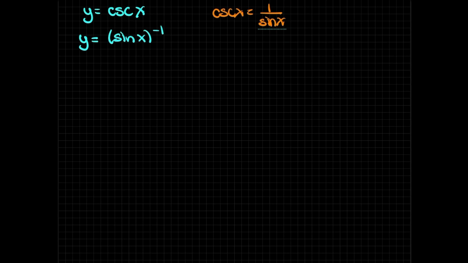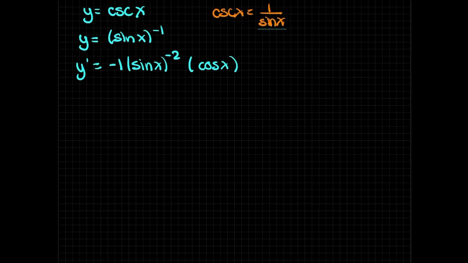Now we're going to take the derivative of that using the same chain rule as we did last time. The -1 comes down, inside stays the same, reduce the power by 1, all times the derivative of the inside. The derivative of sine x is cos x.